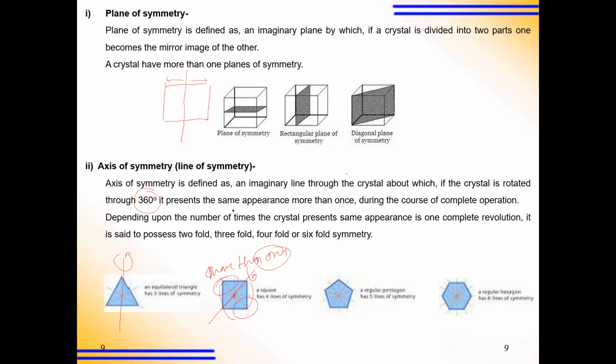It presents the same appearance more than once, meaning if the same side comes more than once. So during the course of a complete operation, depending upon the number of times the same face comes, the crystal presents the same appearance in one complete revolution. It is said to possess two-fold, three-fold, four-fold or six-fold symmetry. So it depends upon that.